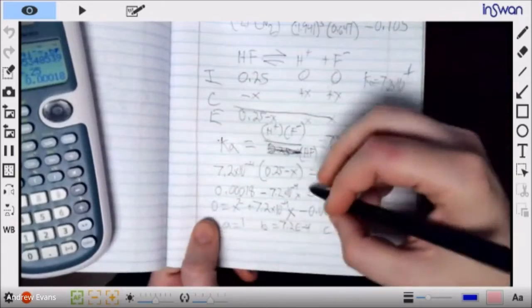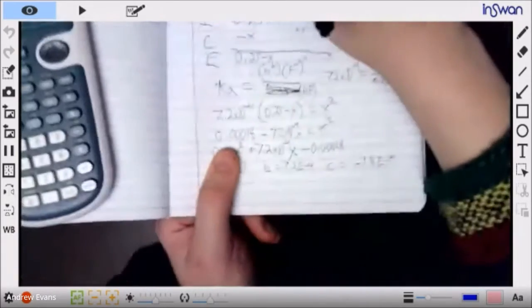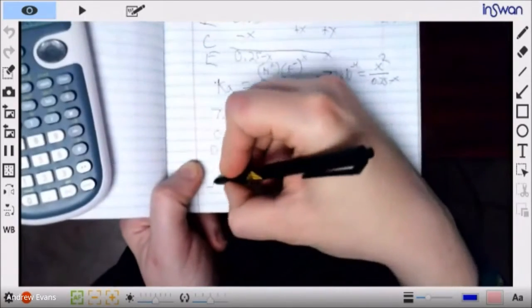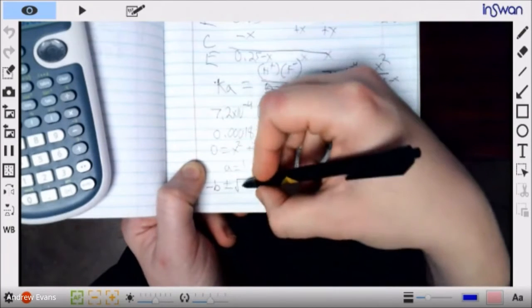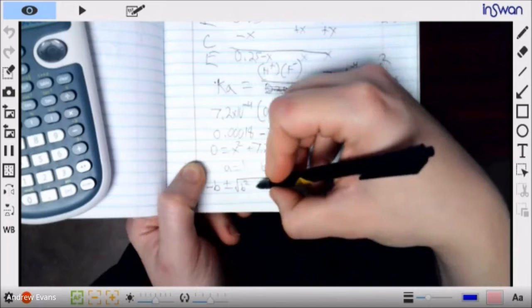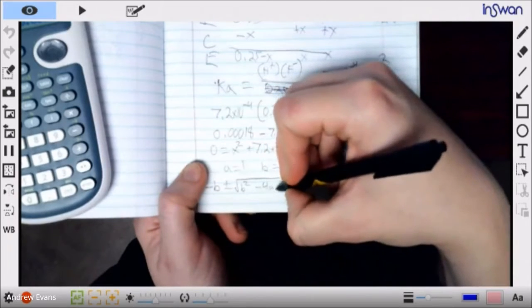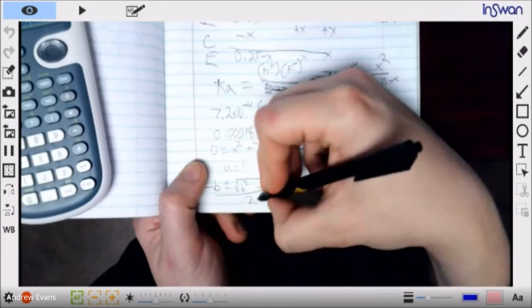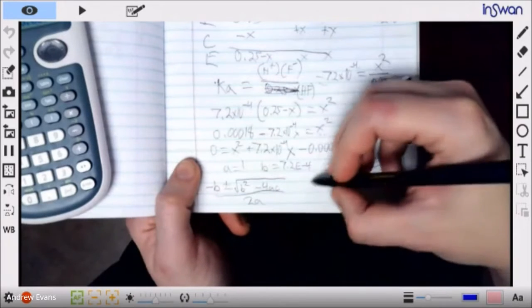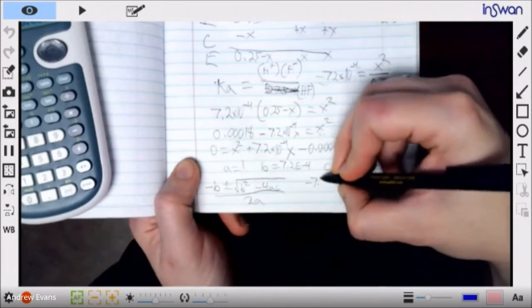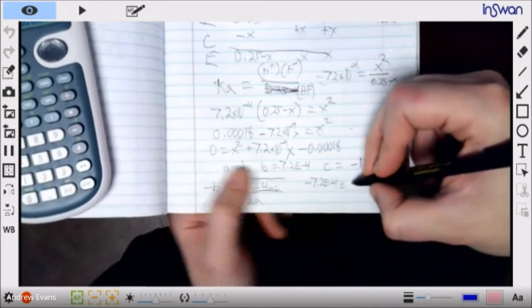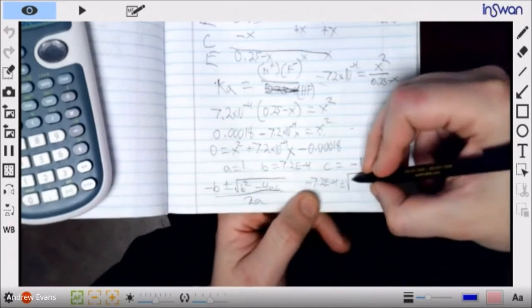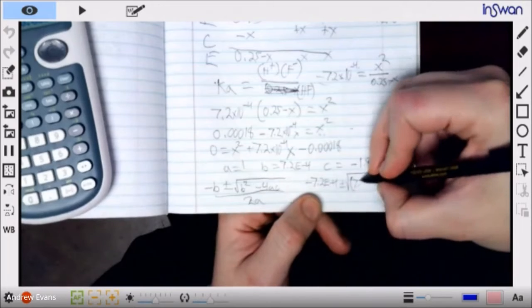So looking at our quadratic formula, which is negative B plus or minus square root of B squared minus 4AC all over 2A. We have negative 7.2 E negative 4 plus or minus square root of 7.2 E negative 4 squared.